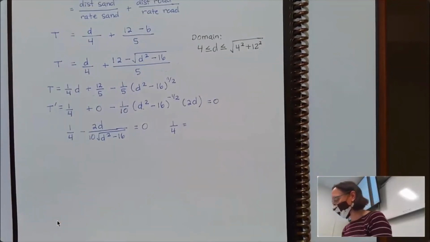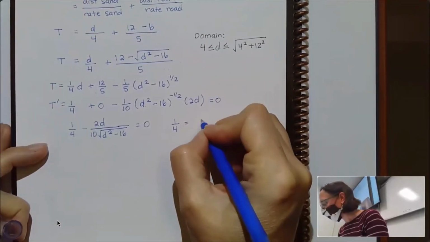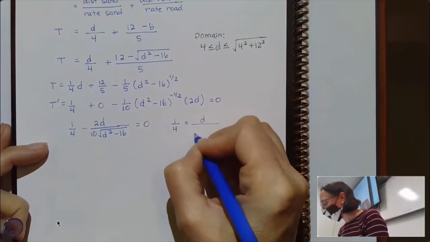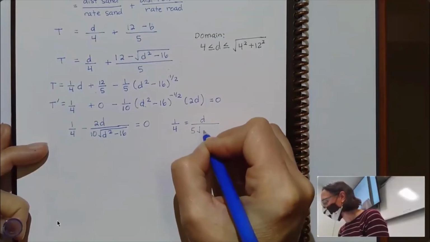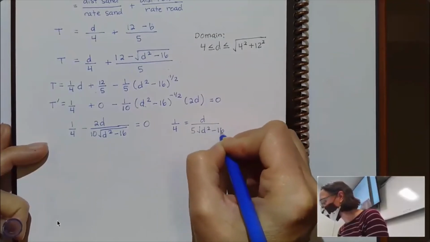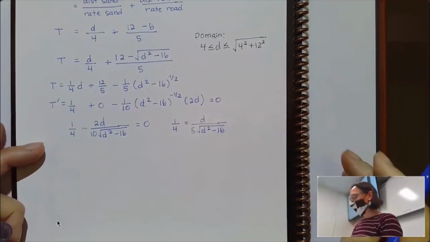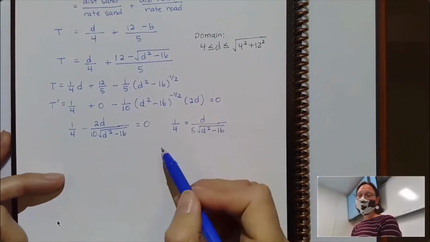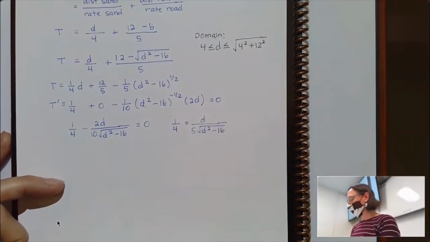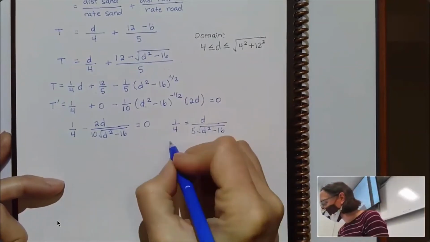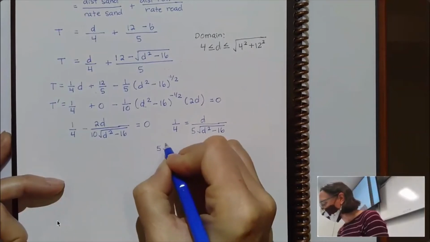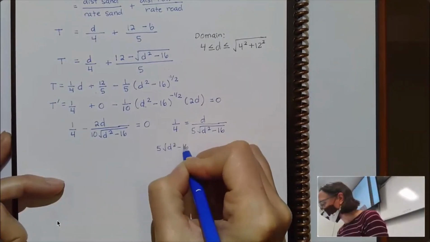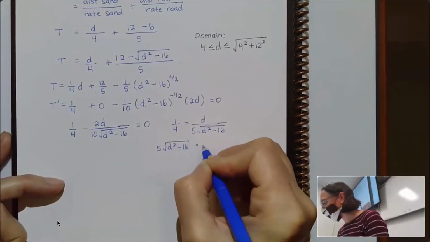And say that that's d over 5 square root of d squared minus 16. And then I would multiply both sides by all the denominators and end up with 5 square roots of d squared minus 16 is equal to 4d.